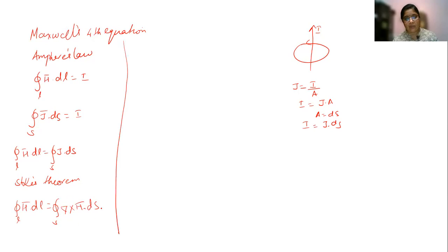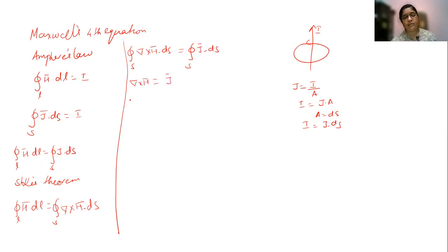I am going to substitute this in place of the line integral. So what will I have? I will be left with the surface integral of del cross H dot ds is equal to the surface integral of J dot ds. Going by the same rules as earlier, both are surface integrals over an arbitrary area, so I could write del cross H is equal to J.